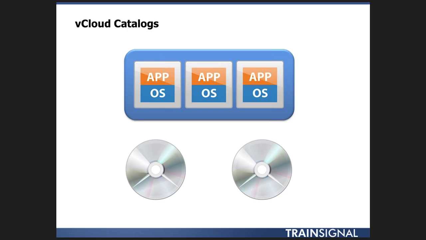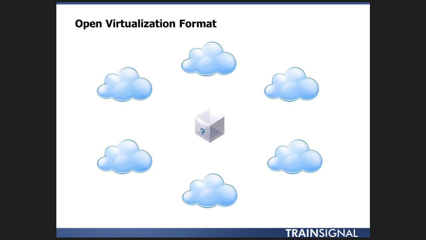The other part of the vCloud catalog is the concept of OVF, or Open Virtualization Format. OVF allows me to transport my vApps and virtual machines from cloud to cloud in a non-lock-in type format.